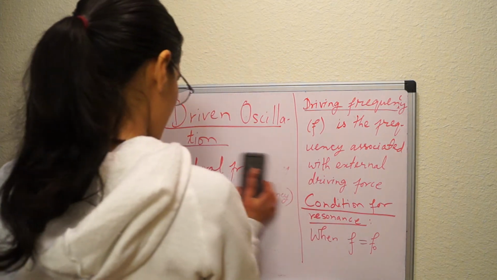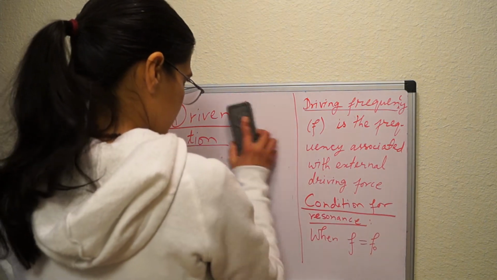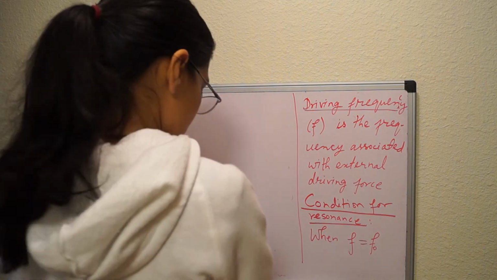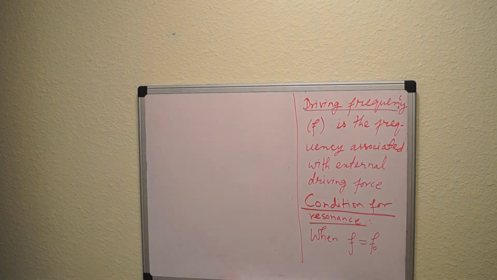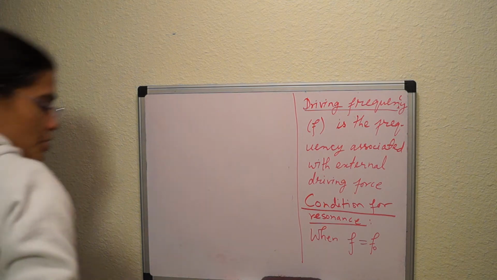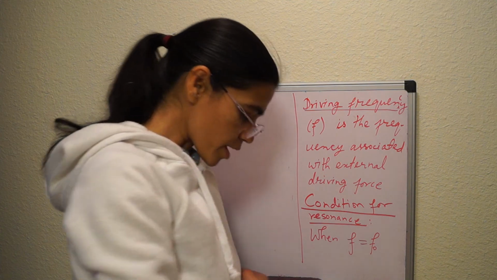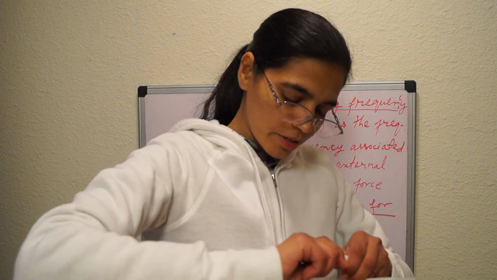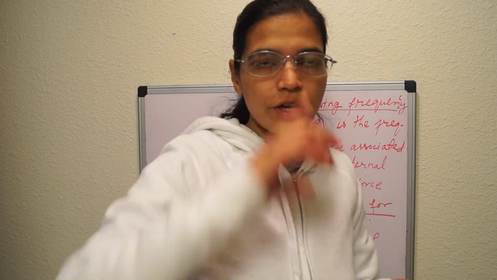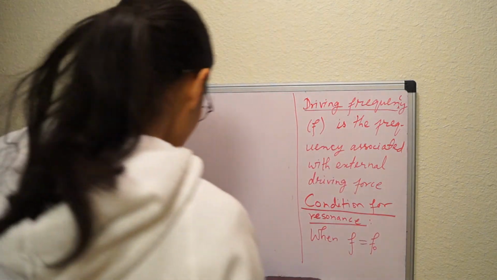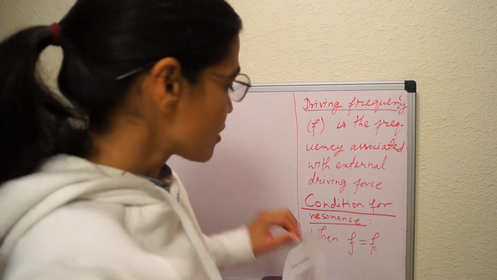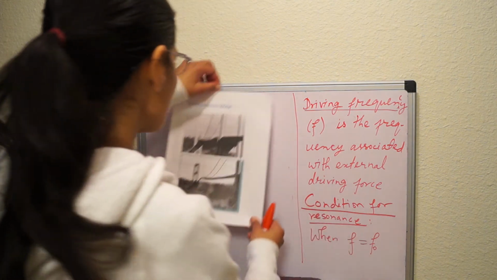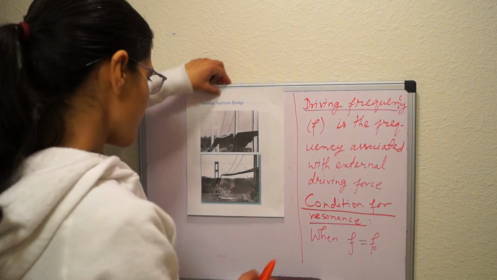I'm going to erase this part here. So you may have heard the story of the Tacoma bridge, like how the Tacoma Narrows bridge was destroyed. It has to do with the condition for resonance.